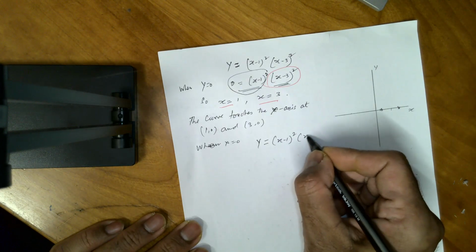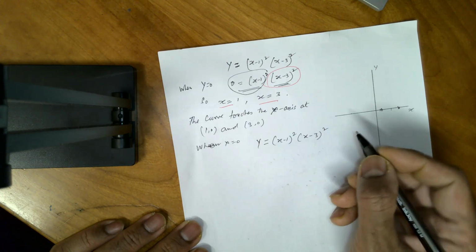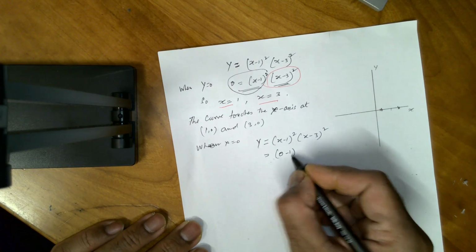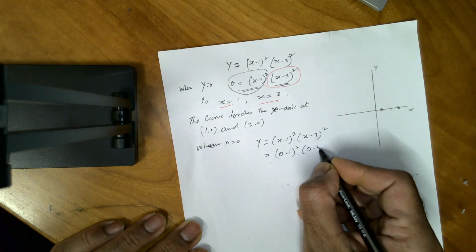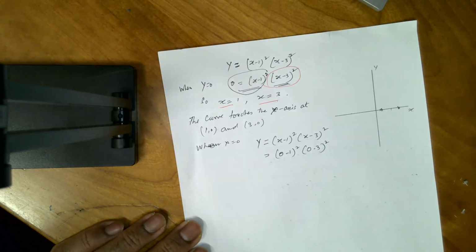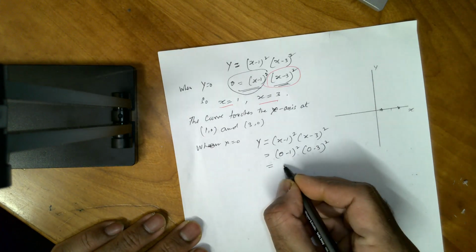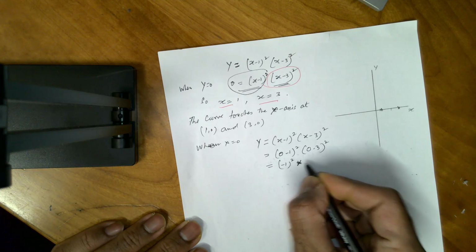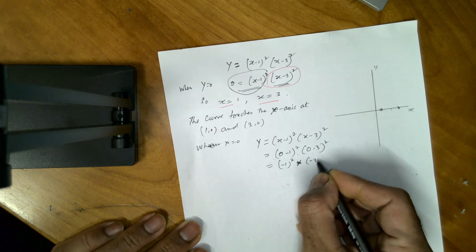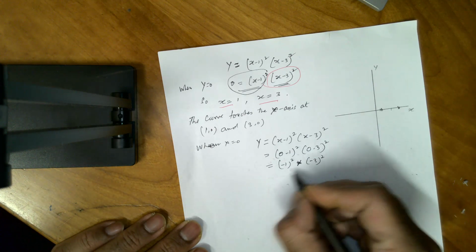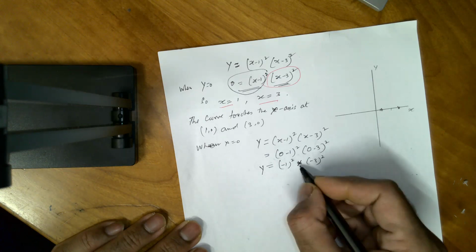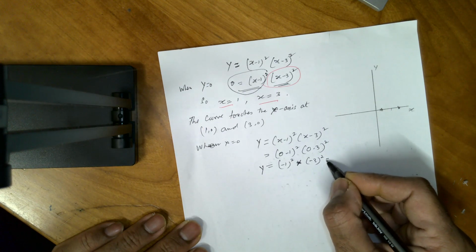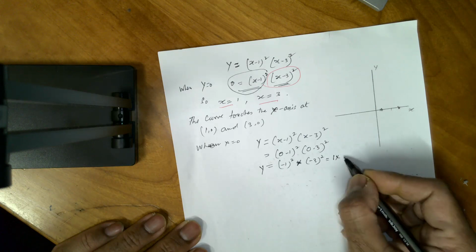So this is your equation. That's your function. And what we will get here, that is 1, and that's 9.